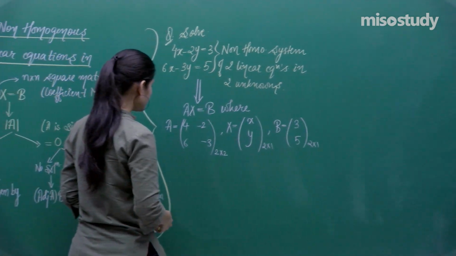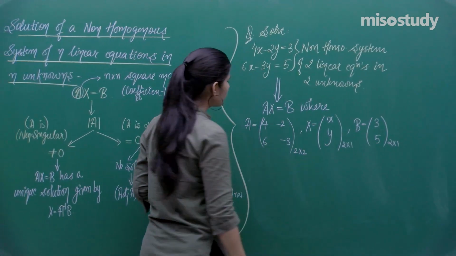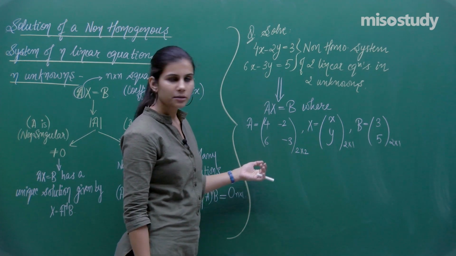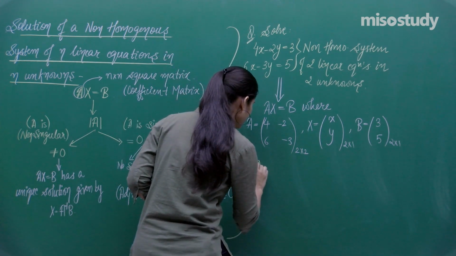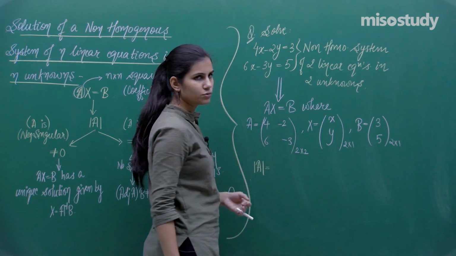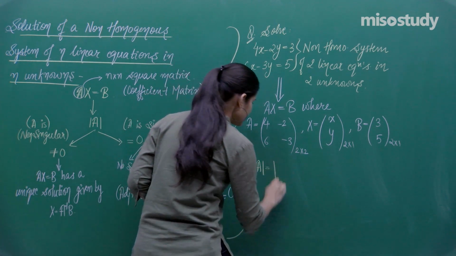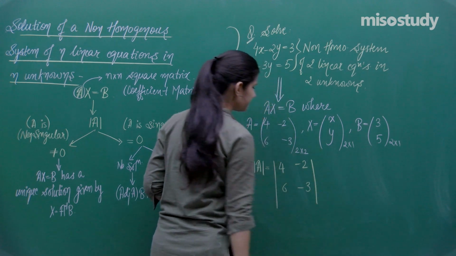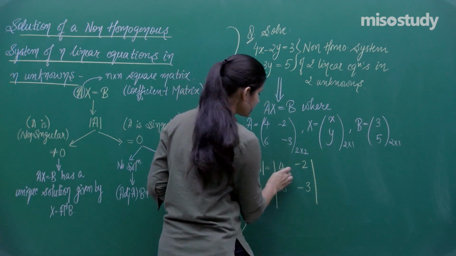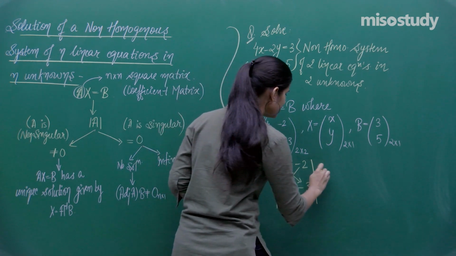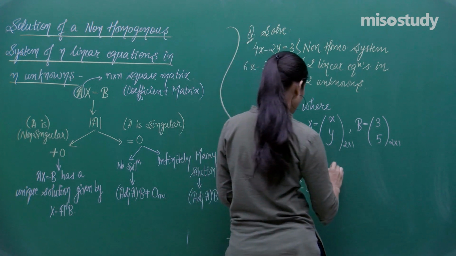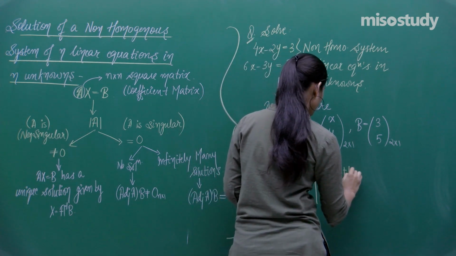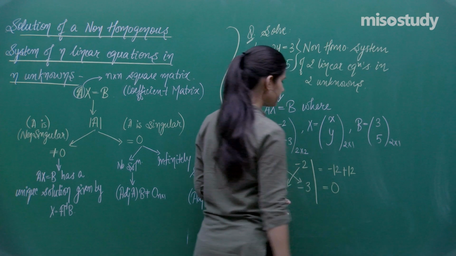So in here, the next step was to compute the determinant of A. Determinant of A is nothing but 4, minus 2, 6, minus 3: product of diagonals minus product of off diagonals. This equals minus 12 plus 12, and that is 0.